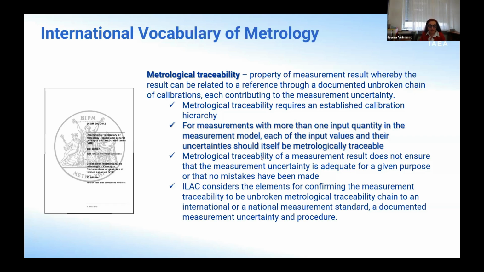Again, if we speak about measurement of radionuclide concentration, we give results in becquerel per kilogram or volume unit, which means that the result is metrologically traceable if we can document the unbroken chain of calibration for the measured mass or volume and measured activity for the becquerel.